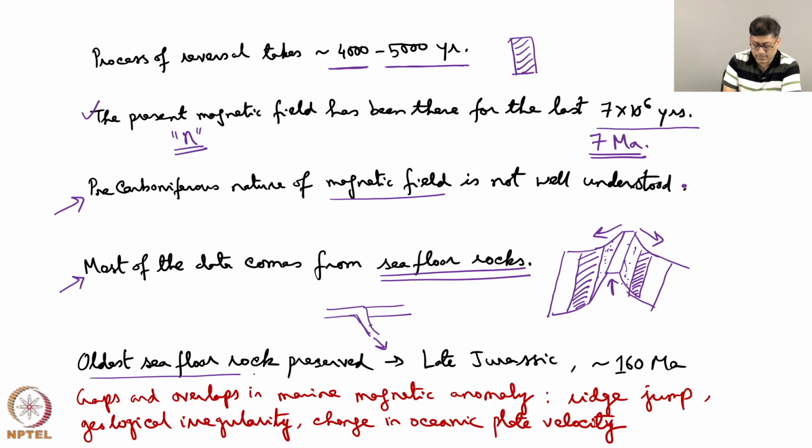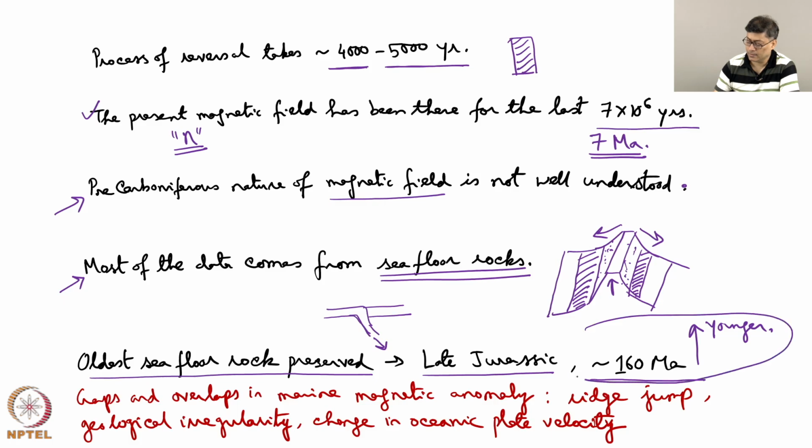In fact, the oldest seafloor rock preserved is late Jurassic, which is around 160 million years old. So, our information of magnetostratigraphy from the marine rock is coming from 160 million years onward. Onward means and younger. This is the domain where we have a better magnetostratigraphic record.